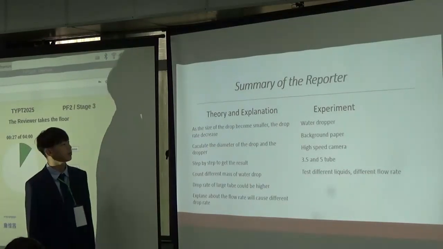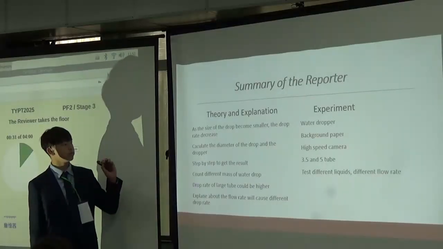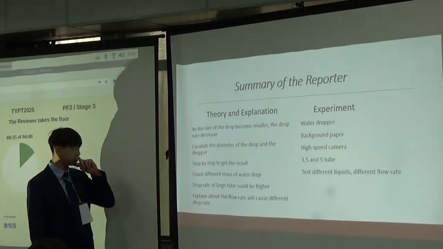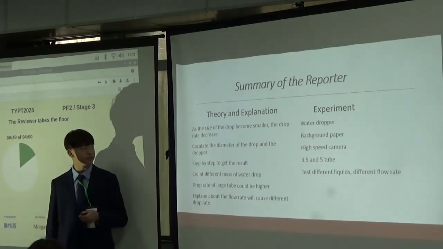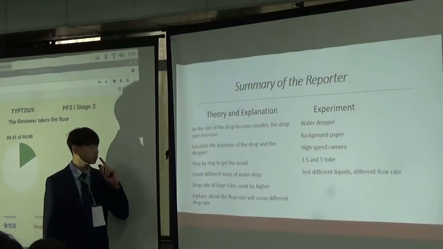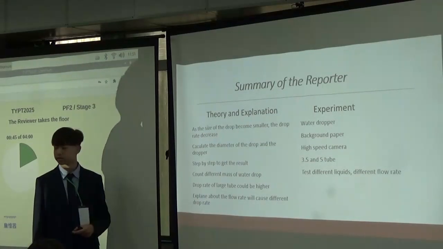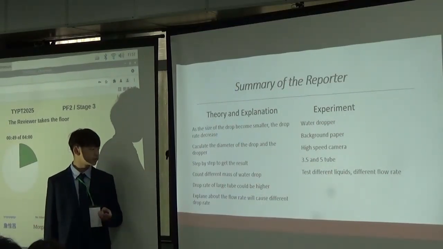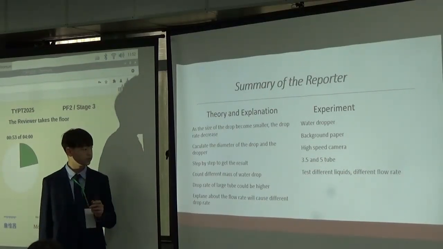Okay, summary of the reporter. The theory and explanation: as the size of the drop becomes smaller, the drop rate increases. The reporter got the result step by step, and counted different masses of the water drop in experiments 1 and 2.